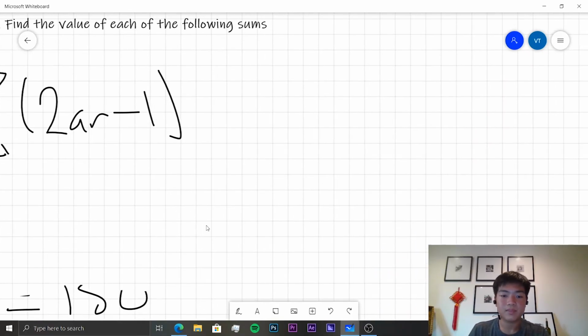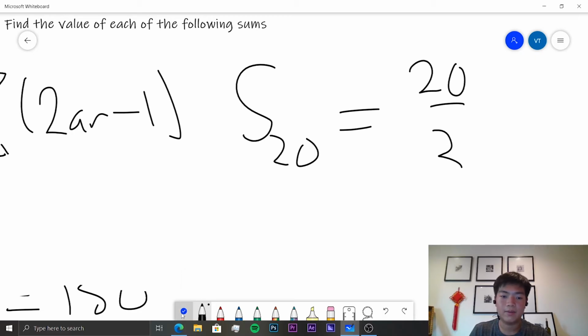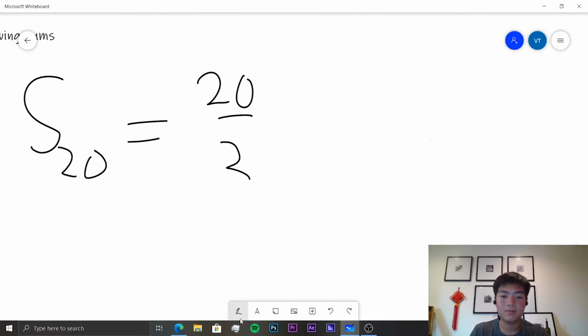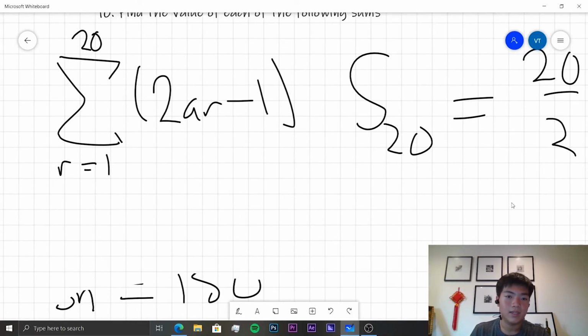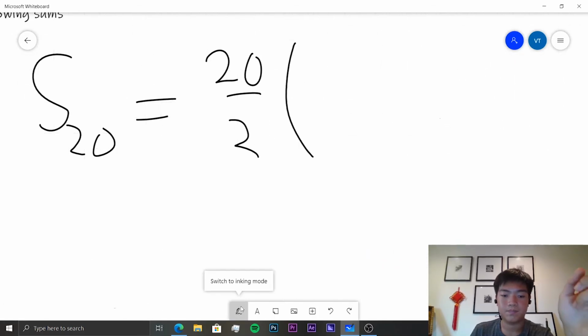So to find the sum of the first 20 terms, we need to go 20 divided by 2 times the first term plus the last term. The first term will be, remember r is 1, so 2a minus 1.